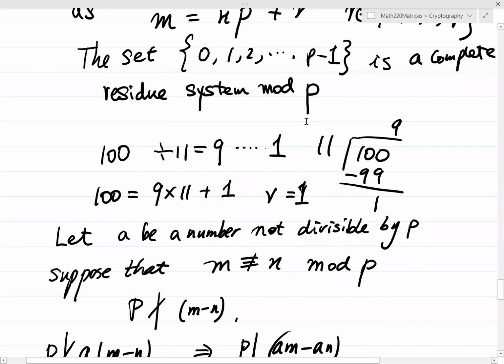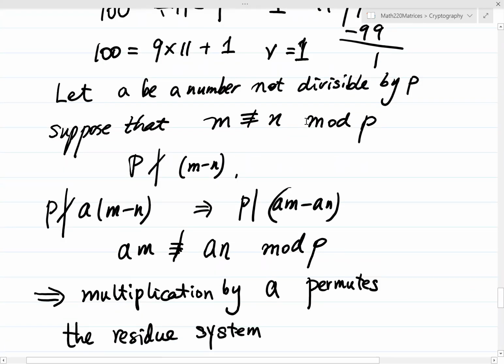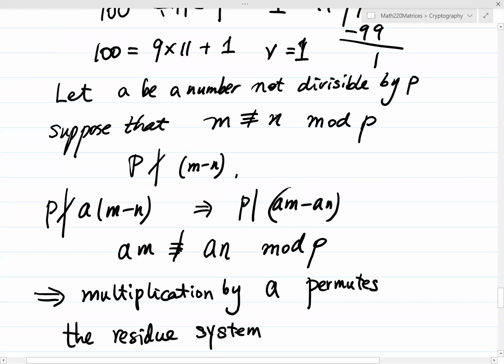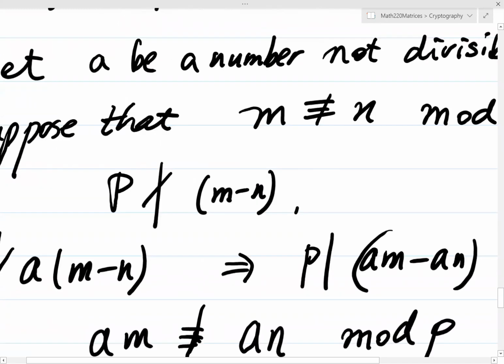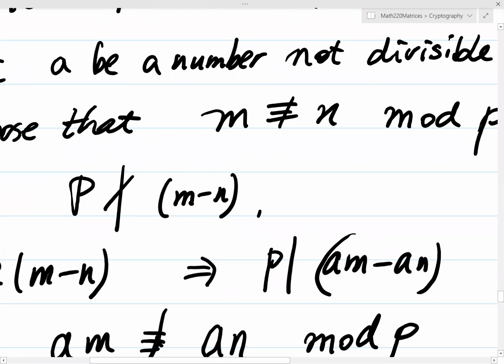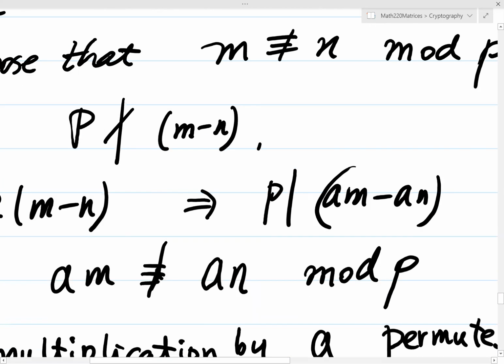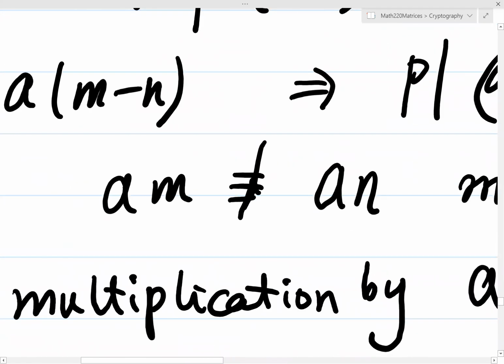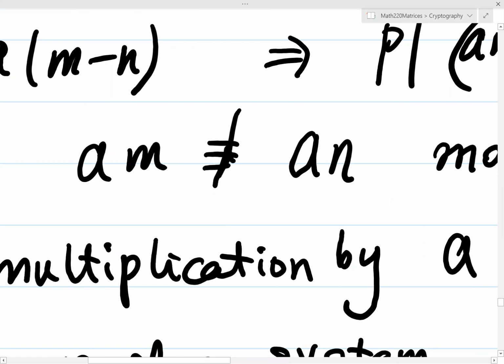We find that if two numbers m and n are distinct modulo P, i.e. their difference is not a multiple of P, and we multiply by any a which is not a multiple of P, then the product is again not a multiple of P. So P doesn't divide a times (m minus n), i.e. a times m is not congruent to a times n.